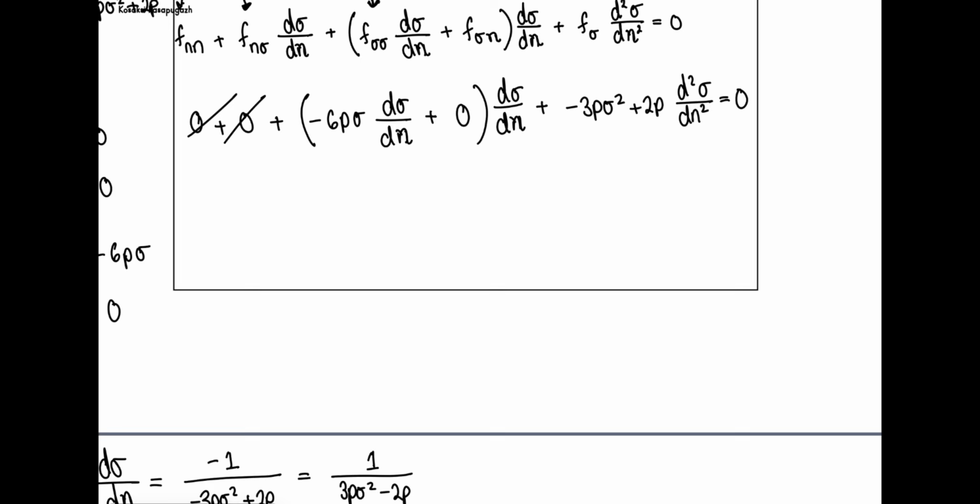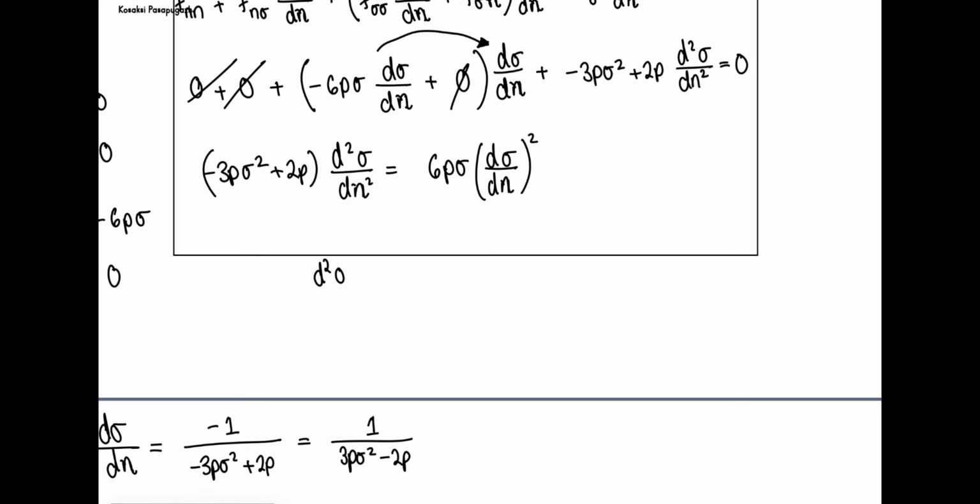So we can ignore this and we can ignore this. So we get minus 3p sigma squared plus 2p d squared sigma over d eta squared is equal to 6p sigma d sigma over d eta all squared. I've just multiplied that by that and moved it to the other side.